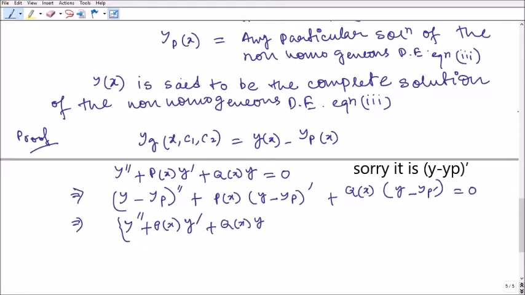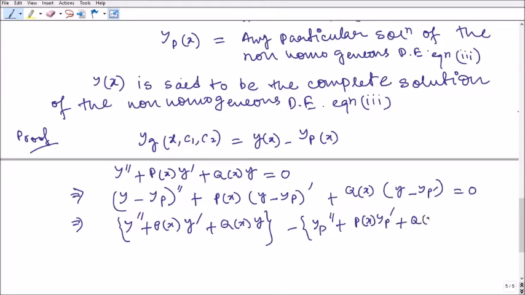Now writing this in separate terms, minus yp double dash plus p of x yp dash plus q of x into yp, equal to 0.